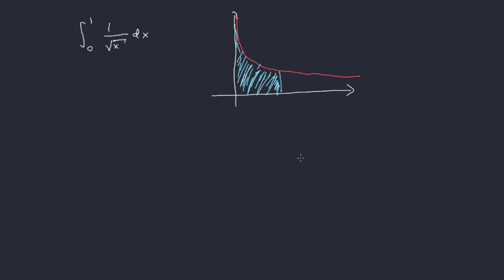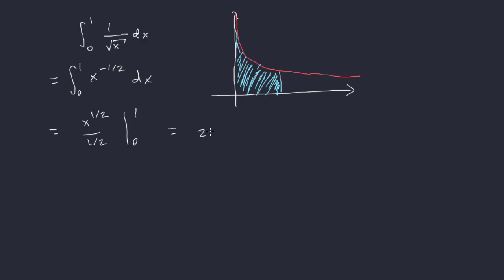Okay, so let's start integrating this, and what we're going to find is that this one may not have ever given you trouble if you looked at it before, because this would be x to the negative 1/2. Right, so when we integrate that, that's going to be x to the 1/2 over 1/2.